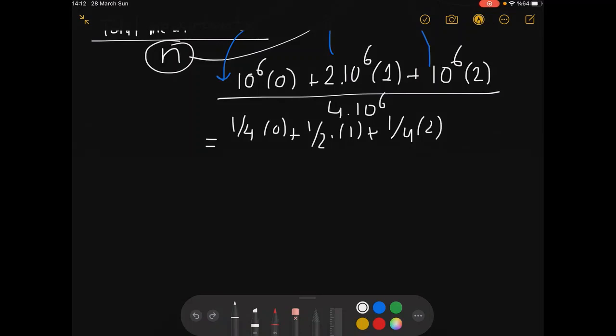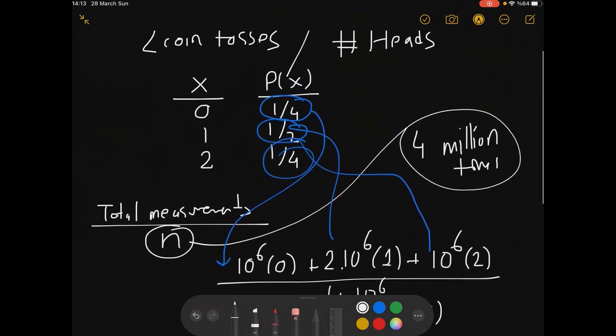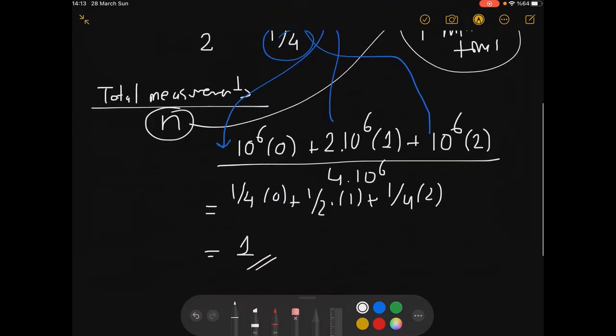That's it. What you have here corresponds to 1. So this is the average value of having heads in 2 coin tosses.